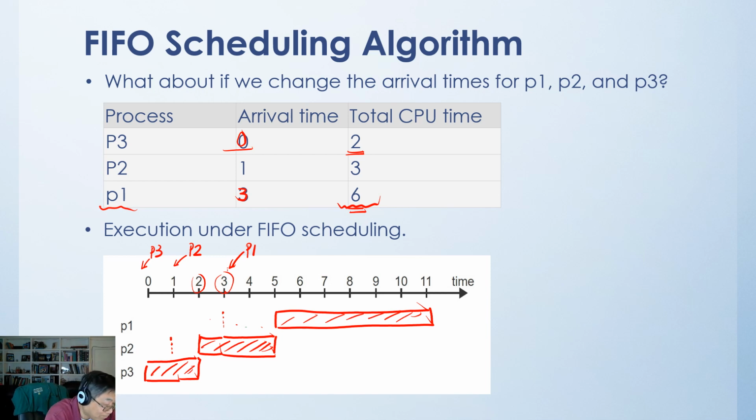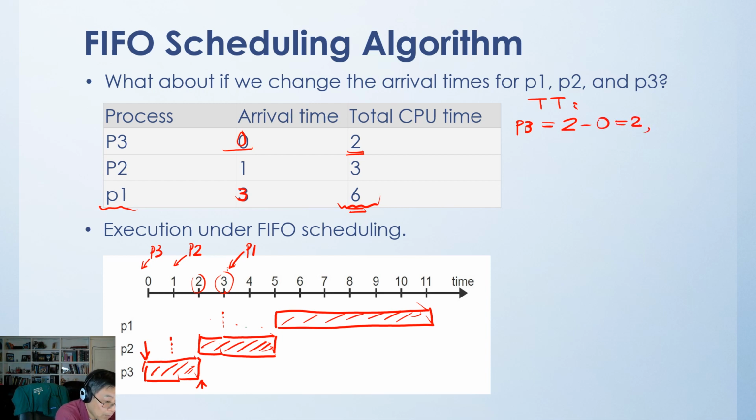So now let's take a look at the diagram, at the turnaround time for each process. Let's look at the turnaround time for process 3 first. Process 3 arrives at time 0 and finishes the job at time 2. So it's 2 minus 0, that's 2.